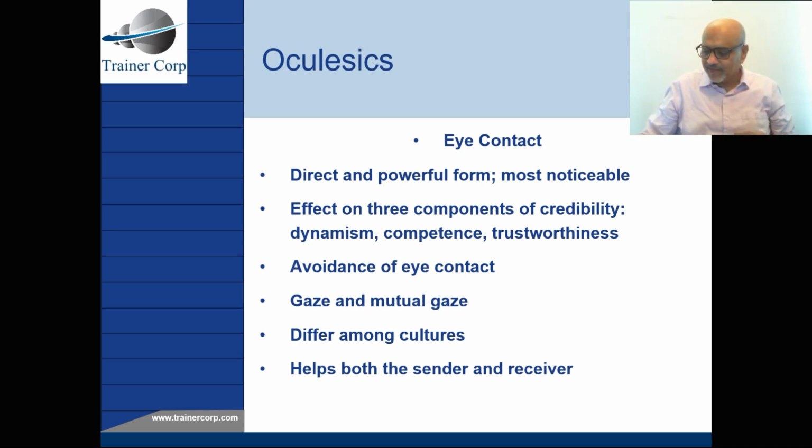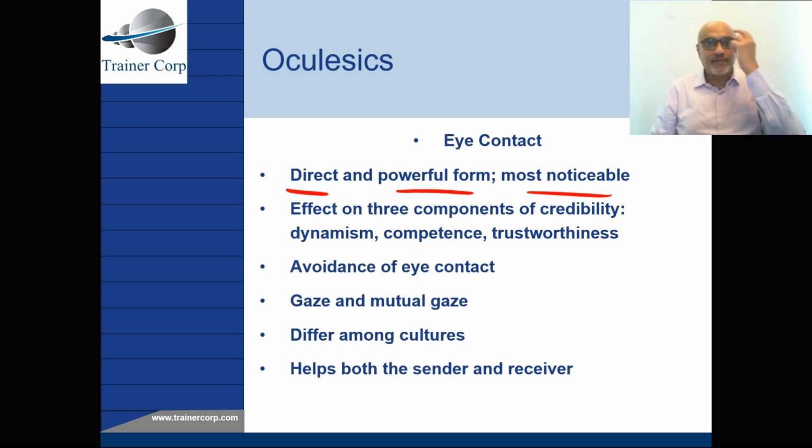So it's a very powerful form. It's very direct and powerful, most noticeable. So the face was 55% impact. Out of that, I think 55% impact out of the facial impact would be the eyes. So dynamism, competence, trustworthiness, credibility, whether they should believe you or not, that people will judge through your eye expression.